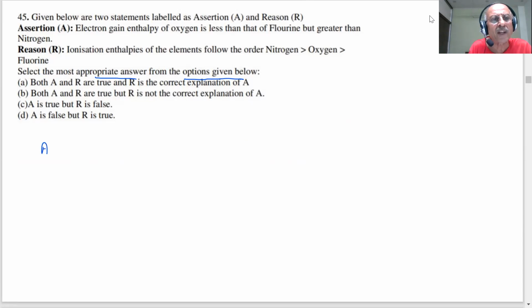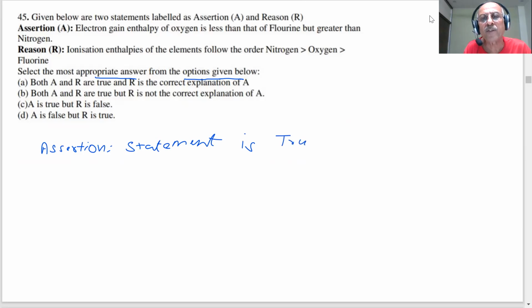You are given an assertion. You first try to find out whether the given statement is true or false. That is the first thing you do. Second, you are given a reason.